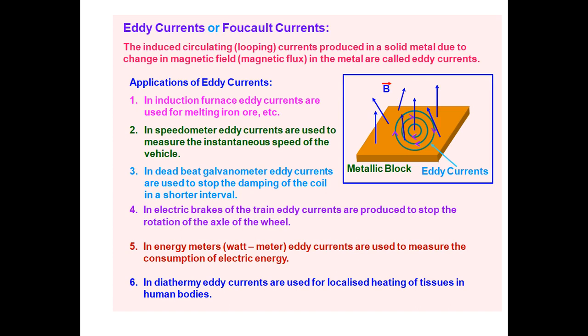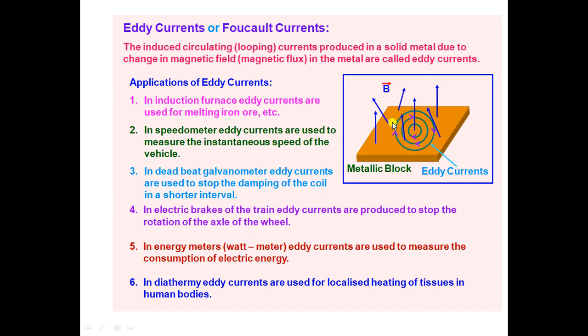Whenever the magnetic field or magnetic flux changes, the circulating, looping forms in the metallic block are known as eddy currents, or focal currents.